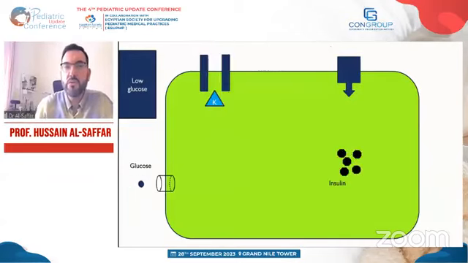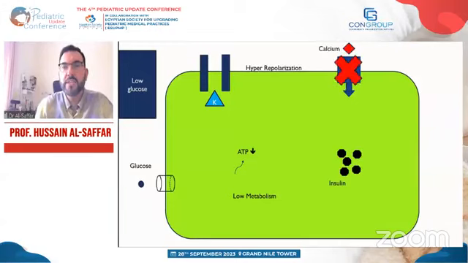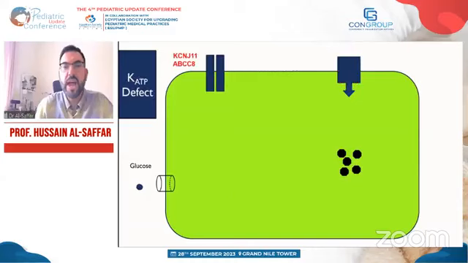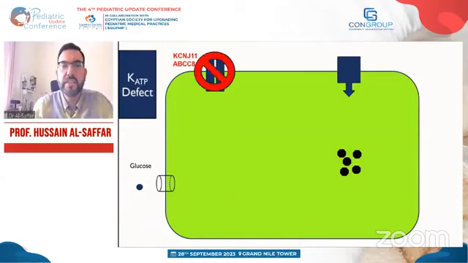If we have low glucose in normal physiology, low glucose means low metabolism, and low metabolism, of course, will mean low ATP in proportion to the ADP. Therefore, there will be no depolarization and no calcium influx because the membrane will be hyperpolarized, and therefore no calcium influx, no insulin secretion. What happens with the potassium ATP defect is these channels are defective.